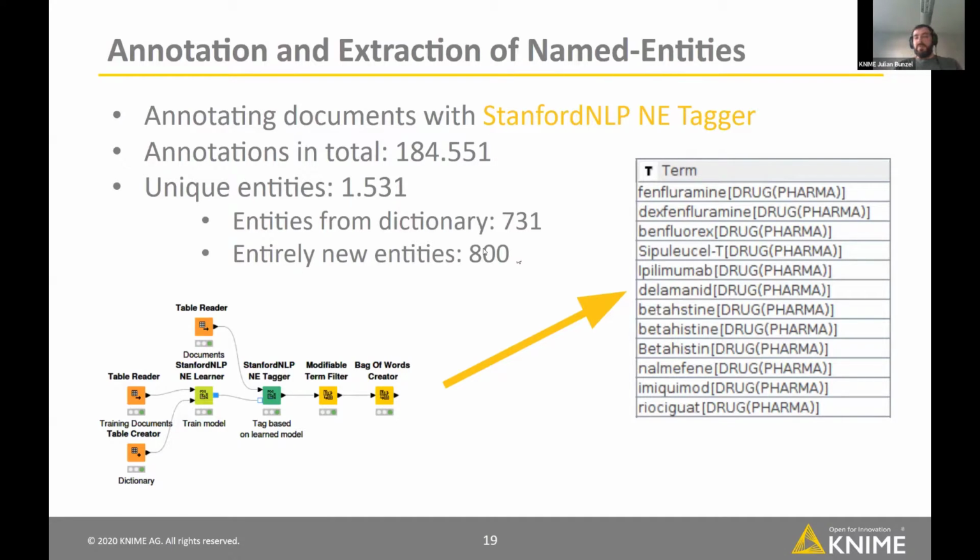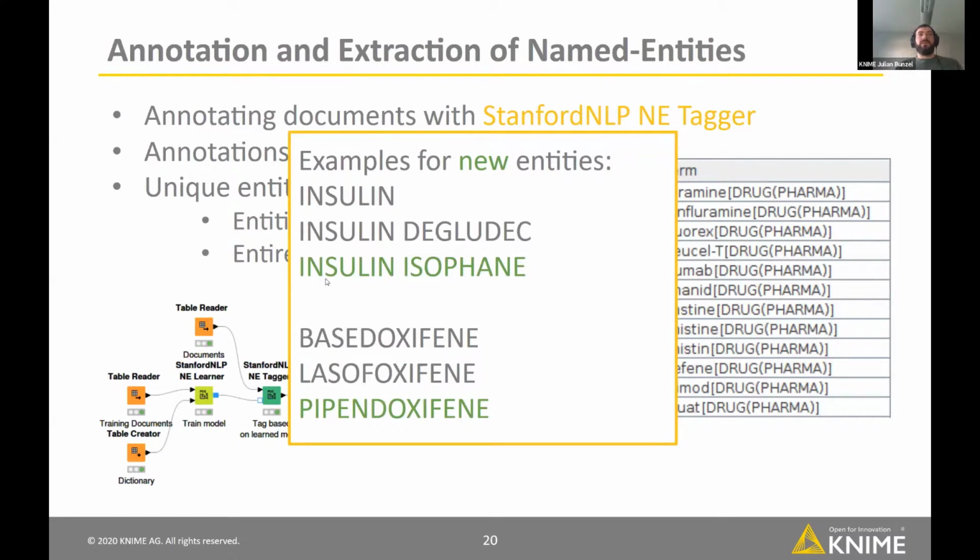And for example, we have insulin isophane, as we've seen, and pipendoxyphene. As you can see, the name resembles a lot the other drug names, so you could guess that this is also a drug. But we still have to validate it.